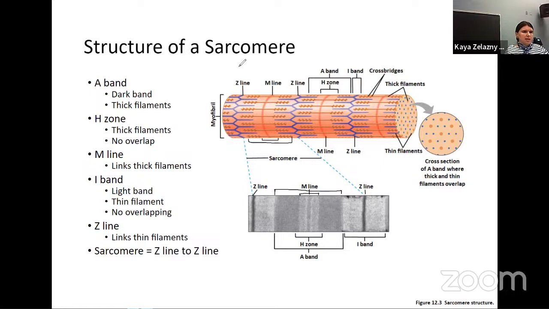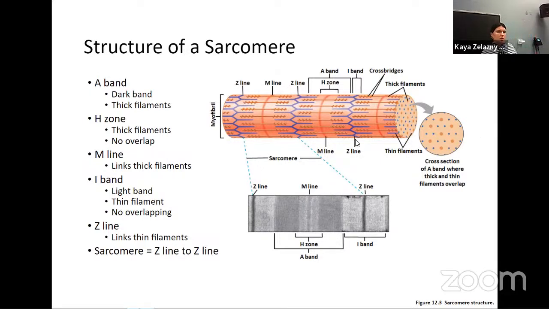And then the M line is just the center line. The way I would remember M line, and this can help you remember which is thick and which is thin, is M line for myosin. Myosin is forming our thick filament. This is the M line made up of myosin.